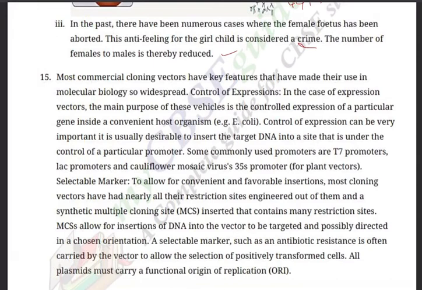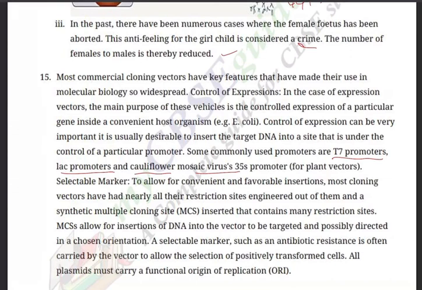Control of expression can be very important. It is usually desirable to insert the target DNA into a site that is under the control of a particular promoter. Some commonly used promoters are T7 promoters, lac promoters, and cauliflower mosaic virus promoter for plant vectors.